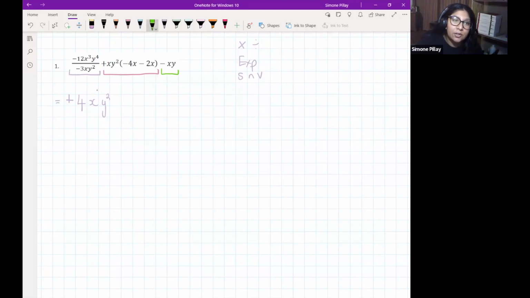So what I could have done is I could have said, well, 3 goes into itself once. It goes into 12 4 times. I could have said x cancels out here with the x cubed, but there's still 2 x's left up there. My 2 y's at the bottom cancel out with the 4 y's at the top, but there's still 2.